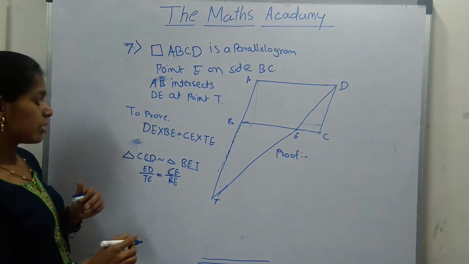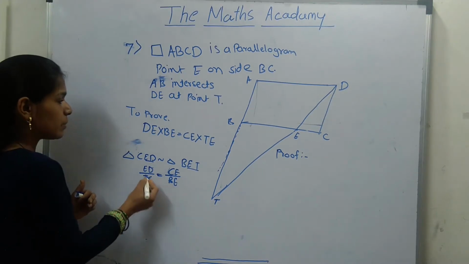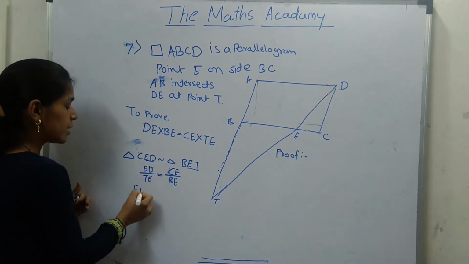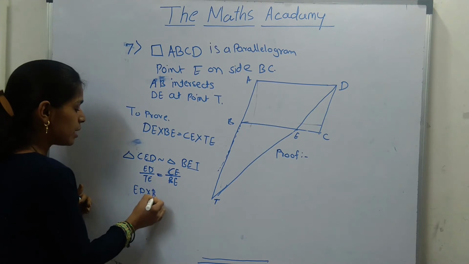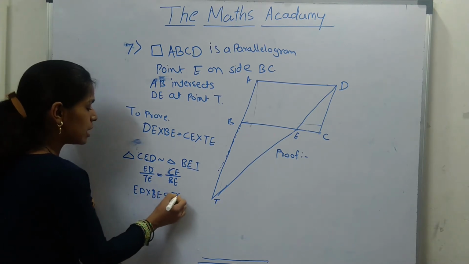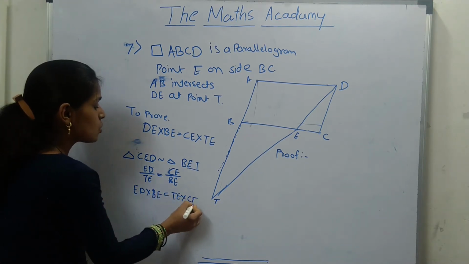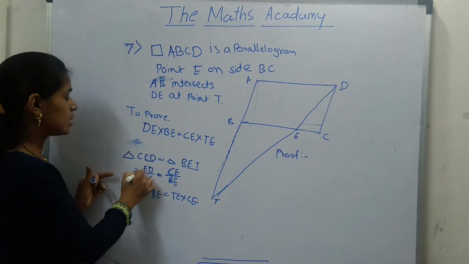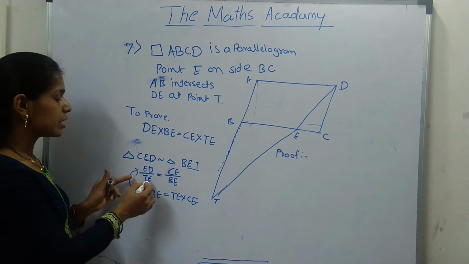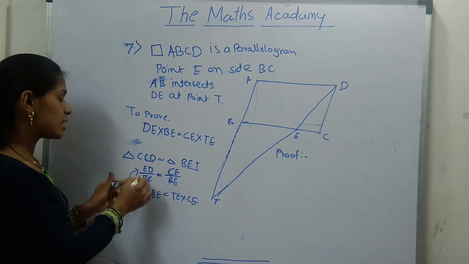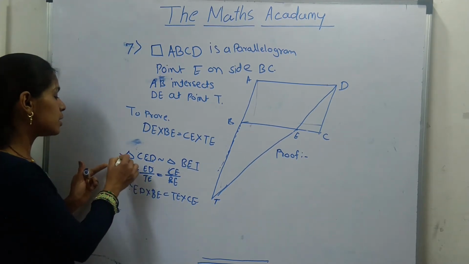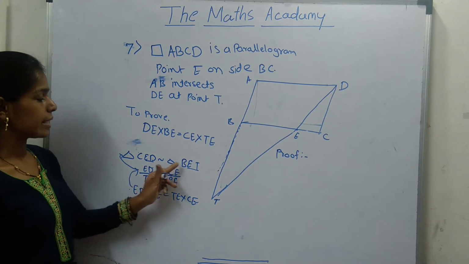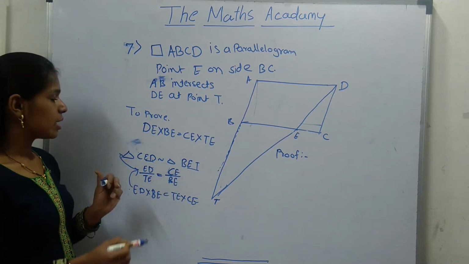Okay, this ratio will be equal, and by the cross multiplication you will get the required result that ED multiplied by BE is equal to TE multiplied by CE. So to obtain this result, first we have to obtain this ratio. For getting this ratio, you have to prove that the triangle CED and triangle BET are similar to each other.